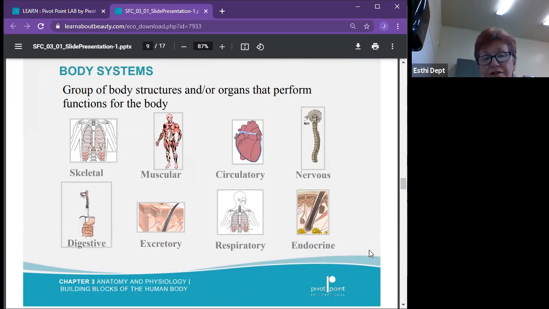You're seeing 8 of them up there right now: the skeletal system, muscular system, circulatory system, nervous system, digestive, excretory, respiratory, endocrine. We also have reproductive and excretory, which are not on there right now. I just wanted to let you know that.